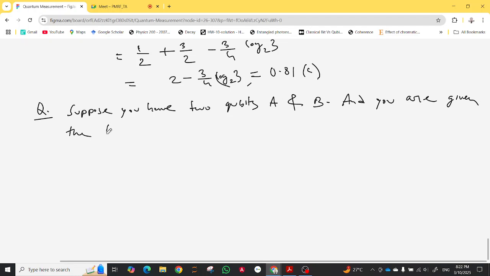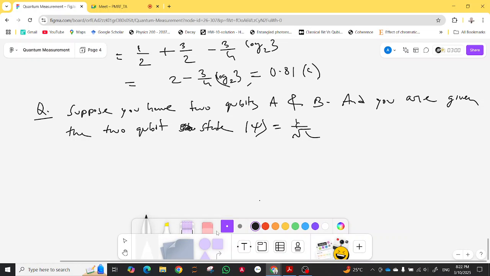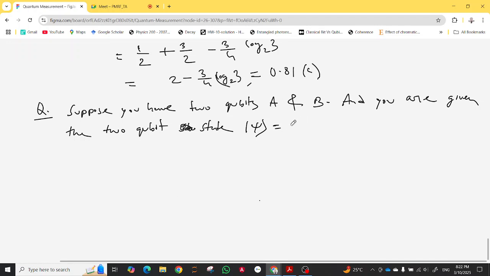You are given the 2-qubit state psi is equal to cos theta 0 0 plus sin theta 1 1.